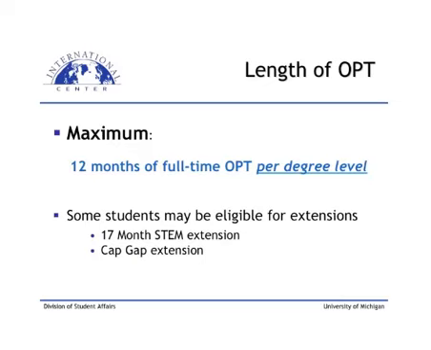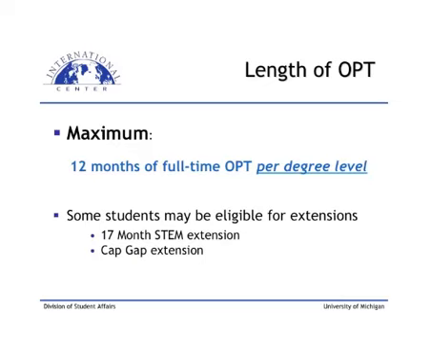For example, if you have already completed a master's degree in the United States and have been approved for 12 months of OPT, completed that, and then returned to school to get another master's degree, and that is what you are finishing right now at the University of Michigan, you are not eligible for OPT.